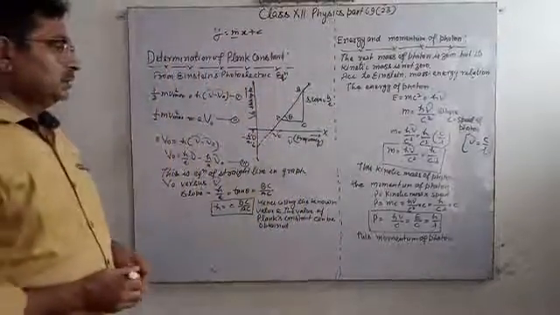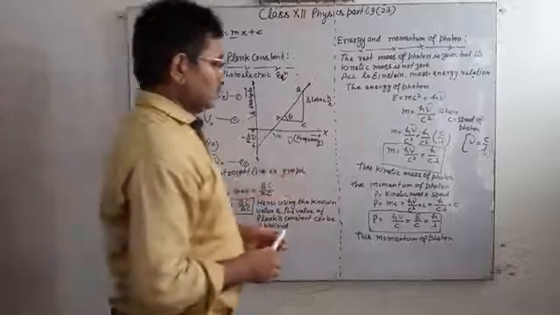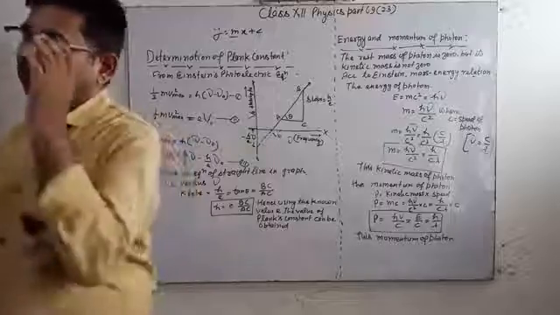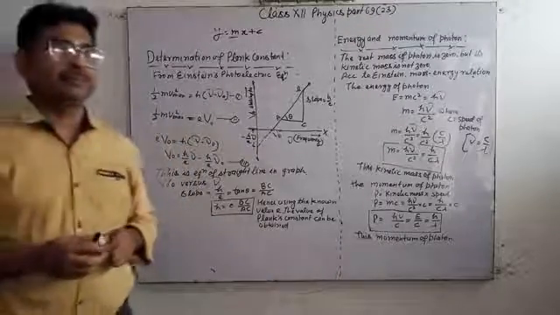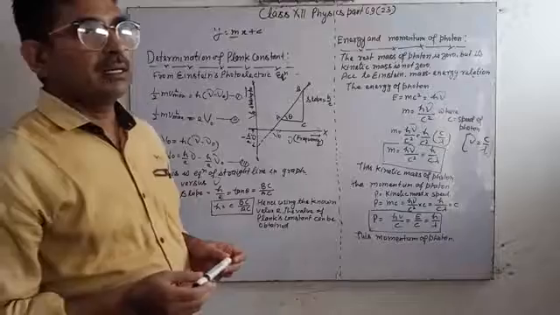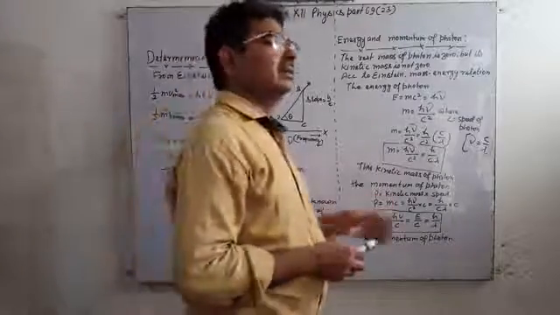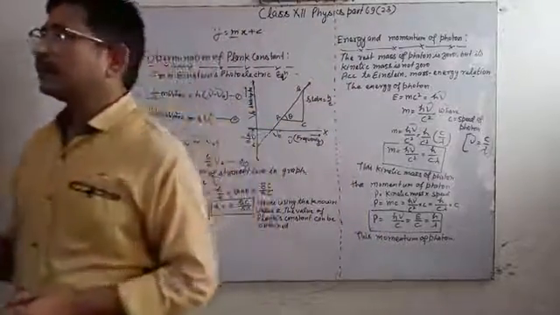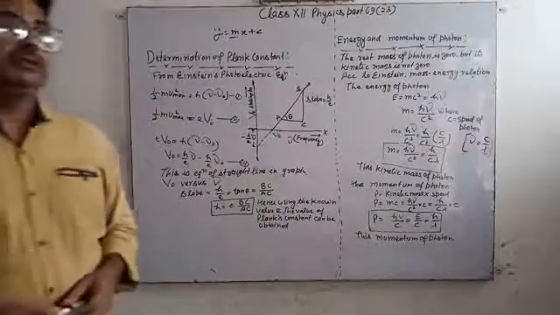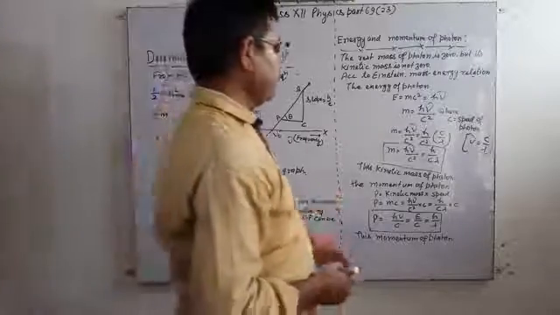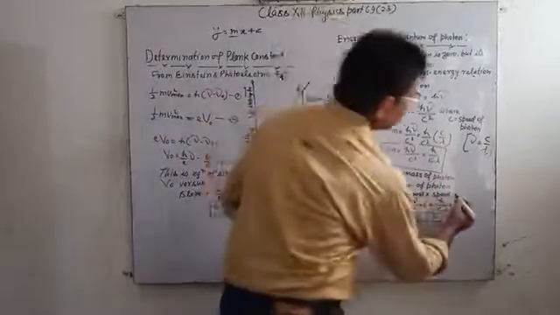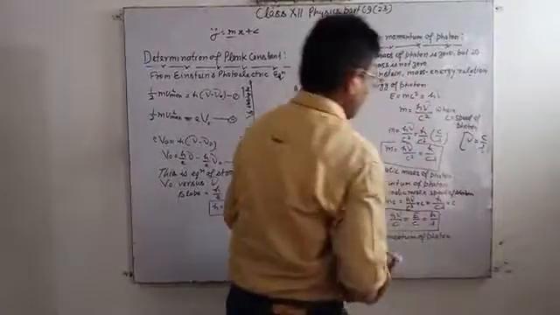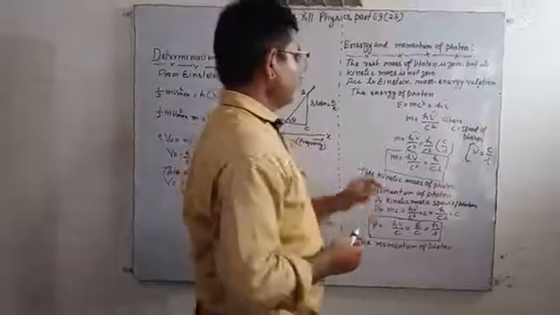Now the momentum of photon. We know that linear momentum is always equal to the product of mass and velocity. Here the linear momentum of the photon will be equal to the kinetic mass of photon into the speed of photon, then p equals m into c.